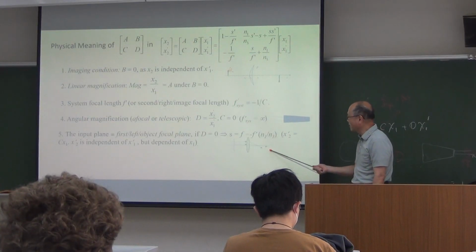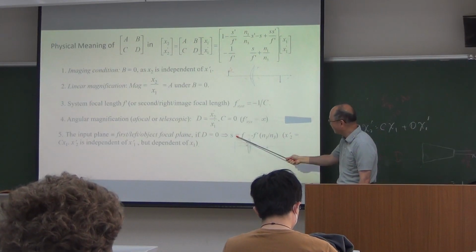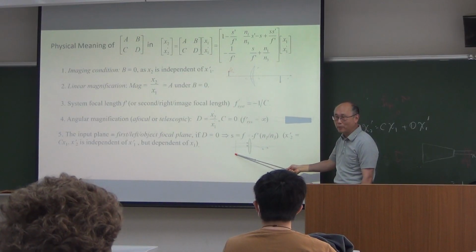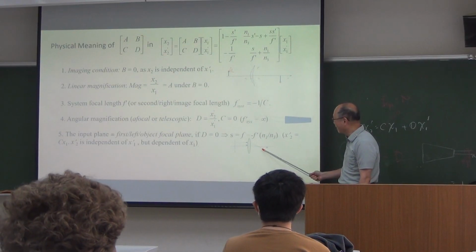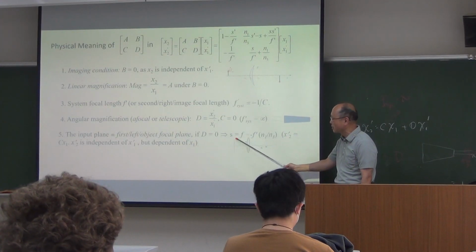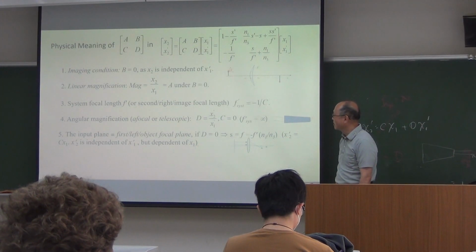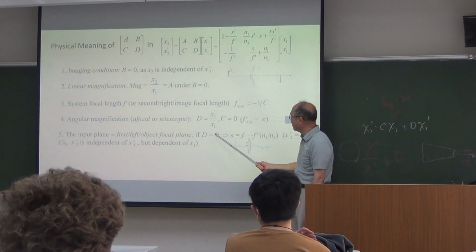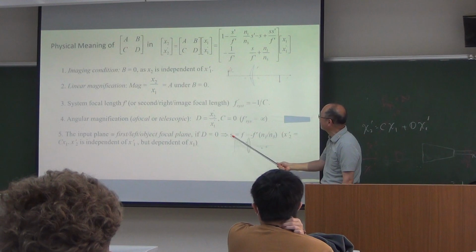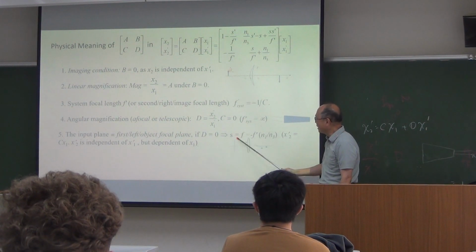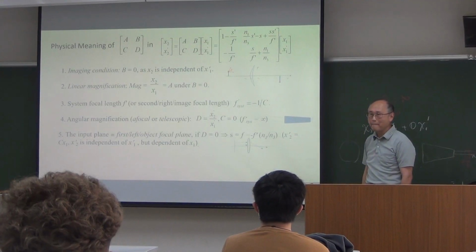And if you look at this configuration, yes, if this plane is the left focal plane, this angle will depend on the position of this. Okay, so with this condition, if D equals 0, then you end up having this S. The distance from here to here is the location of the left focal plane.